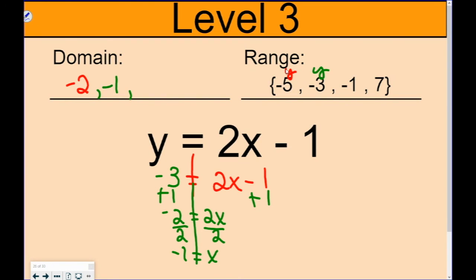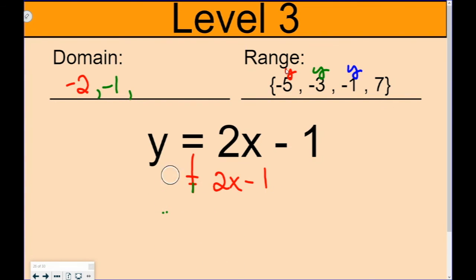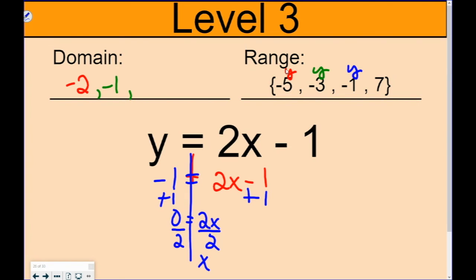Okay, now I'm going to follow that up with my next y value, which is negative 1. So let's get up here, and we're going to plug negative 1 in for y. So I'm going to add my 1, add 0 is equal to 2x. Divide by 2, school's over. X equals 0.